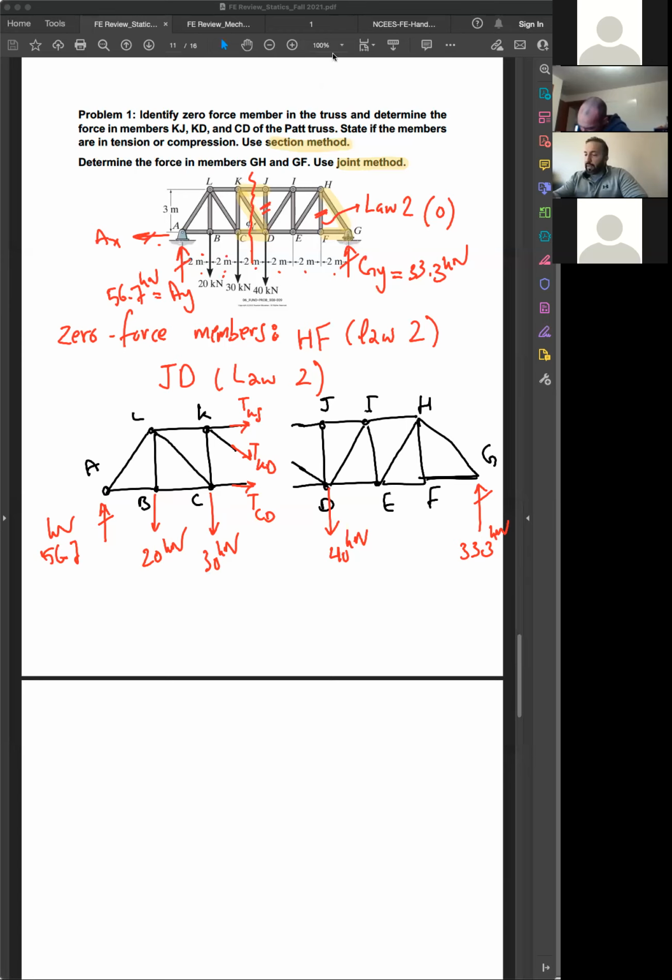One thing you want to pay attention to here is this inclined member, KD. All right. You don't know this phi angle, but you can create triangle ratios on this.